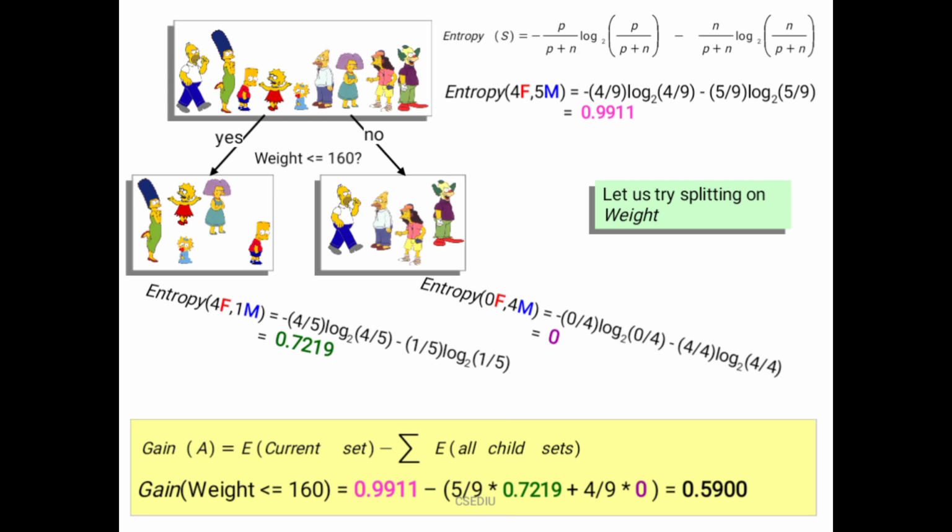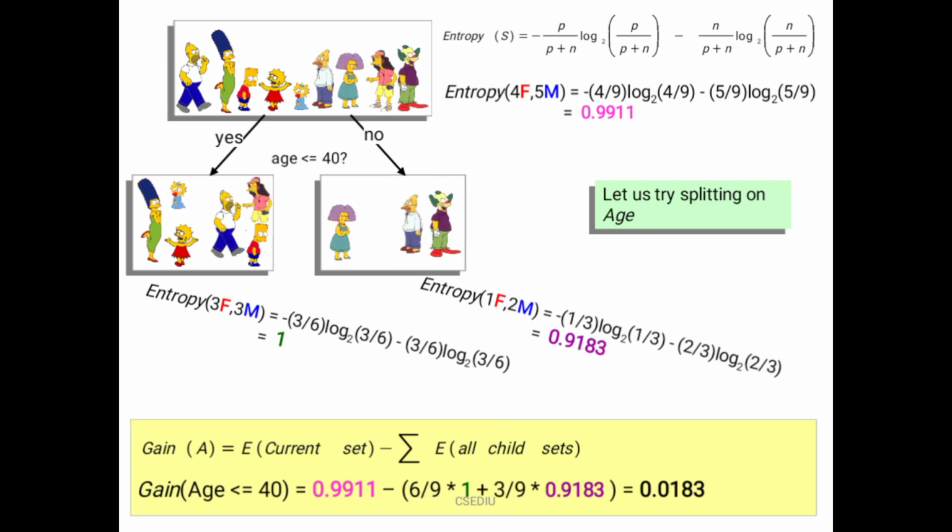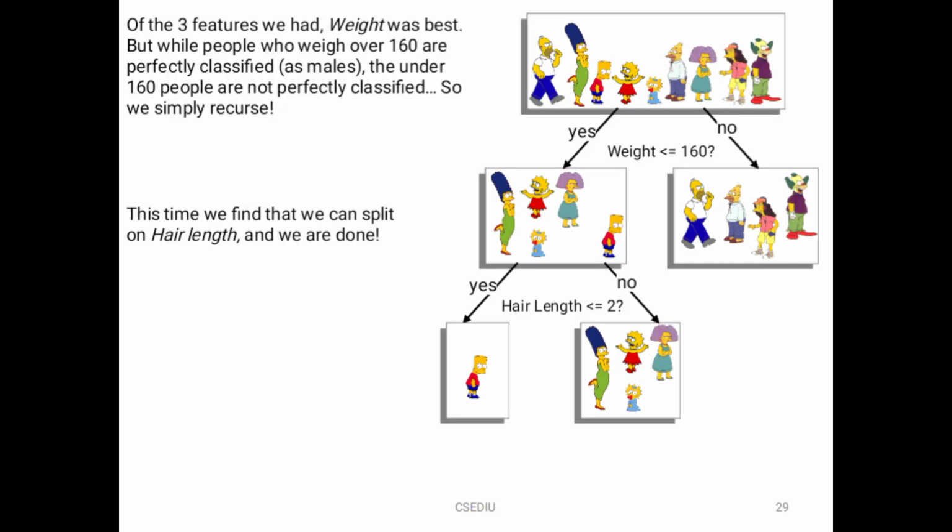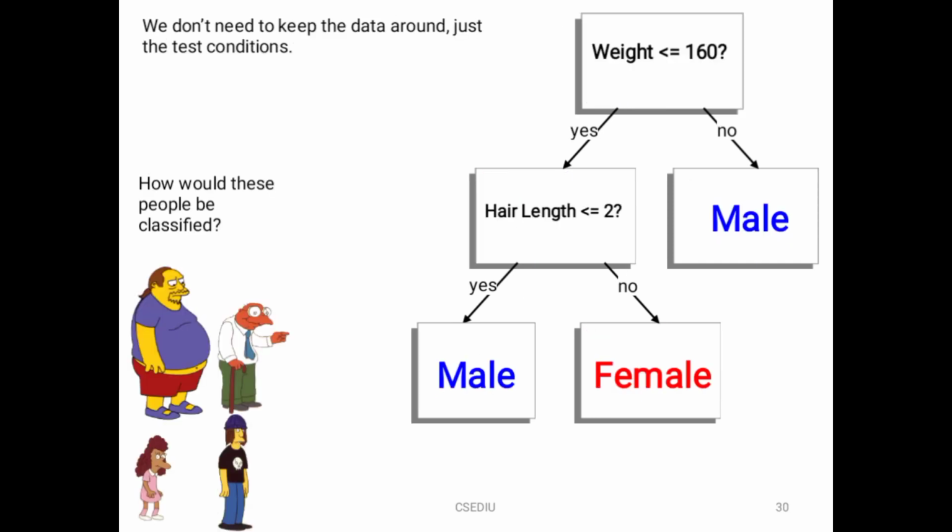Some gain calculation for weight is also going on. These processes split on age: how age splits the data, then we calculate the entropy, then the gain. Here the process splits the data on weight, then weight, hair length, male or female.